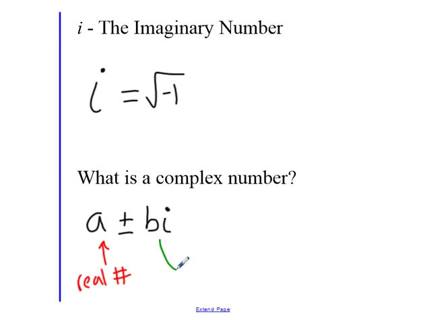But the bi is what we call the imaginary part. Together, they make a complex number. It is possible to write real numbers as complex numbers also, but more often than not, you'll be dealing with real numbers added and subtracted to imaginary numbers as we continue this learning target.